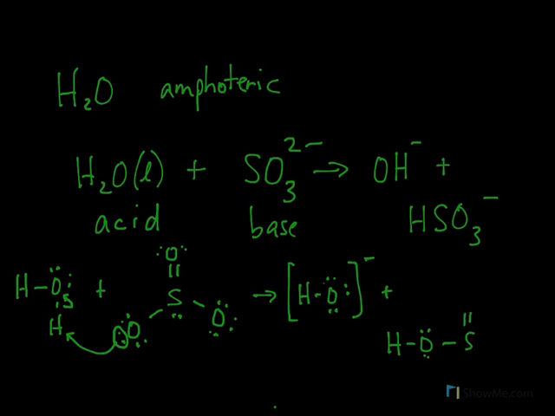This is still an anion also because it still has a negative charge. It went from a -2 to -1. Okay, so that is an example of water as an acid with a base. So again, water is an amphoteric compound.